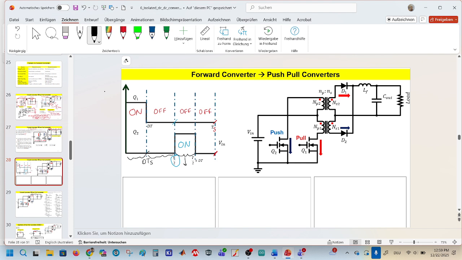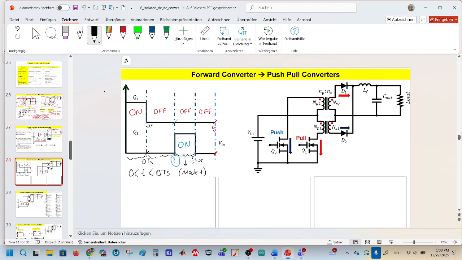For the first mode, the switching time is defined as like that, this time of period, and let's say this is mode 1.